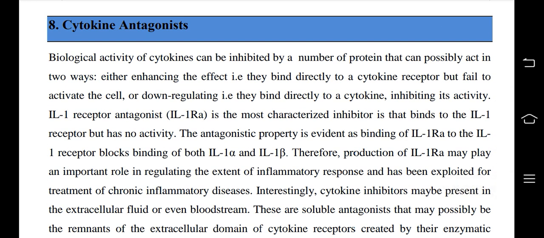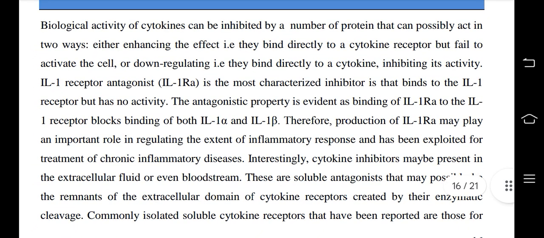Cytokine antagonists. Biological activity of cytokines can be inhibited by a number of proteins that can possibly act in two ways: either they bind directly to a cytokine receptor but fail to activate the cell, or they bind directly to the cytokine, inhibiting its activity. IL-1 receptor antagonist, IL-1RA, is the most characterized inhibitor that binds to the IL-1 receptor but has no activity.